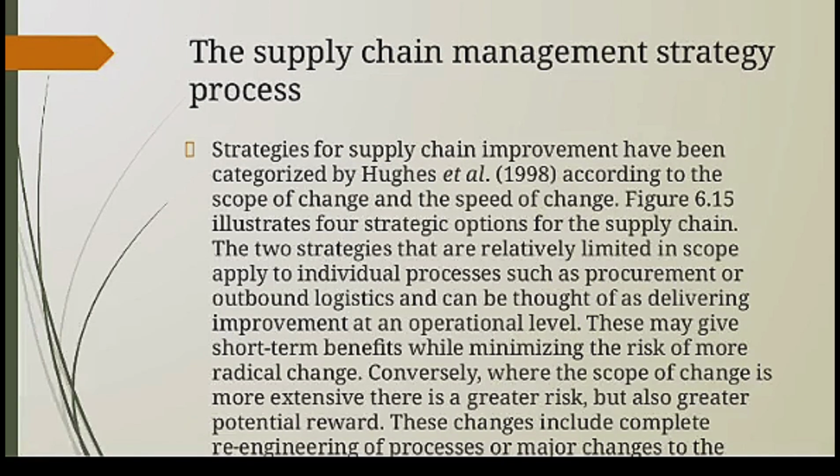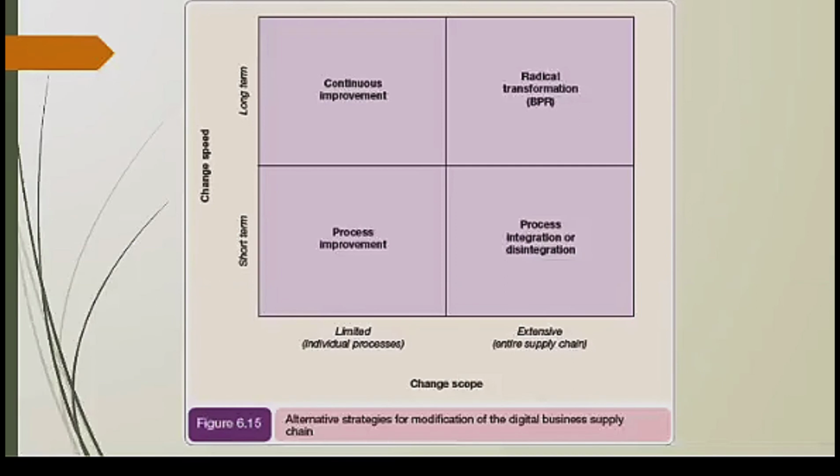And the supply chain management strategies. This only shows the strategies of supply chain for improvement in the next slide, which is figure 6.5. So this strategy only focuses on its speed and scope. So, for example, process improvement. Process improvement is limited and short-term. An example is the problem of exchange of information.